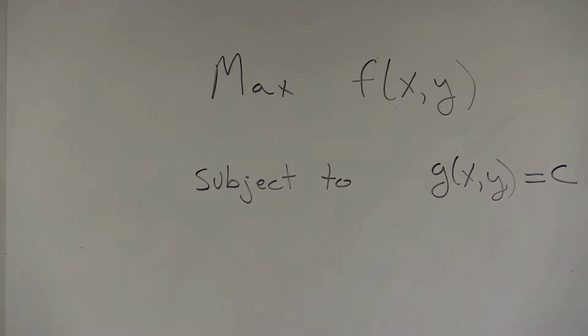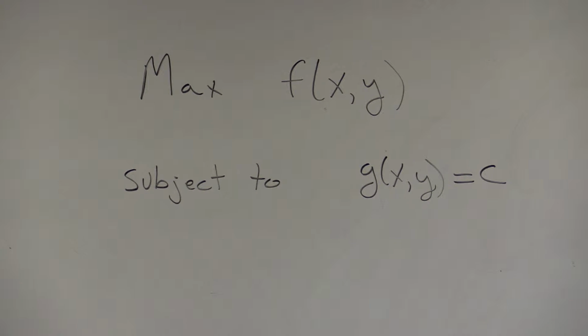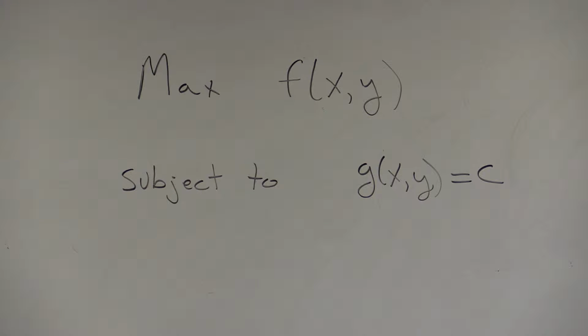Okay, that's the setup. Now, this technique also works if you're minimizing the value of a function. But for right now, let's assume we want to maximize the value of the function.